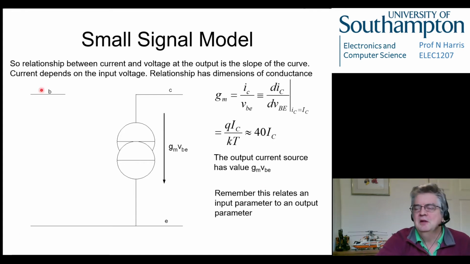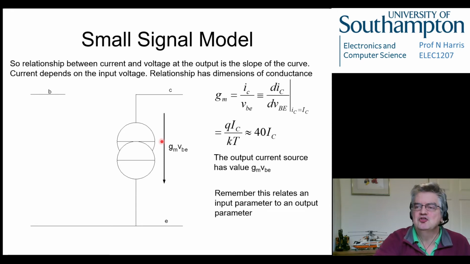But anyway, just to recap to where we were, because this is quite a subtle point. I was saying that the output of this model here, the current that goes through this current source, is defined by whatever the input voltage variation is. So this is small VBE, so any small variations over here will result in a bigger current going up over here.